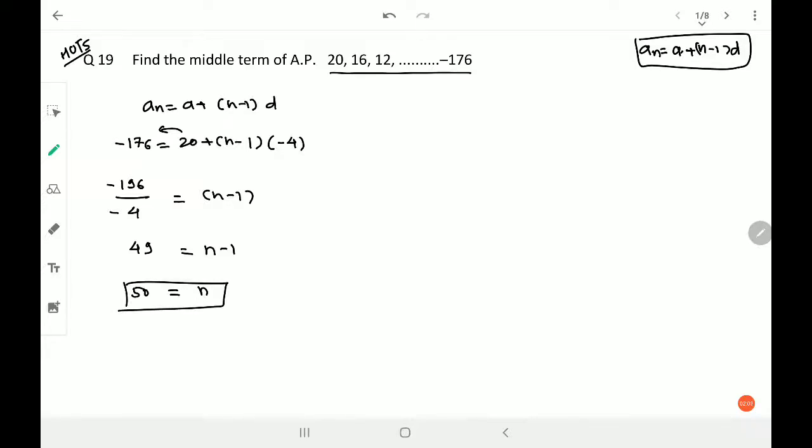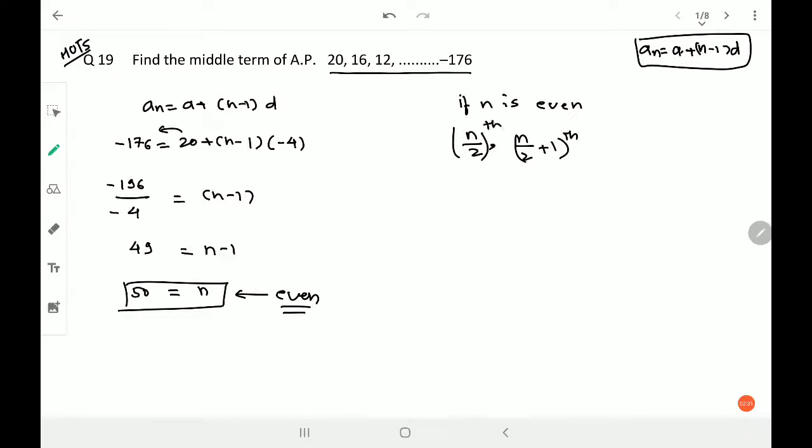If n is even, as it is seen here, then as we remember from last year's formula of median, if n is even, we have the n by 2 and n by 2 plus 1 terms as the middle terms.